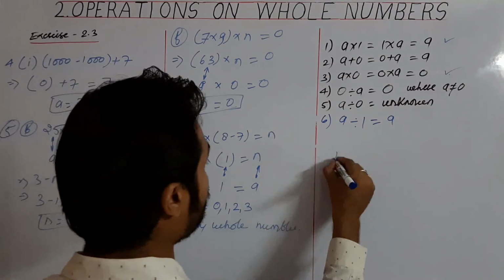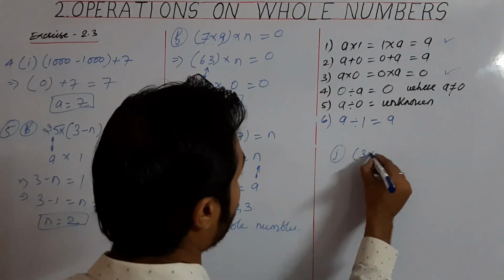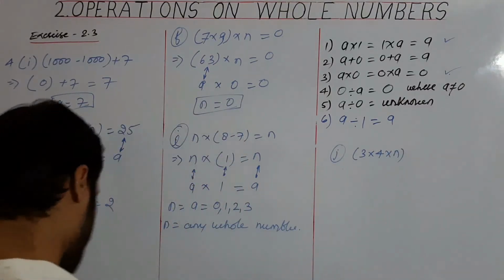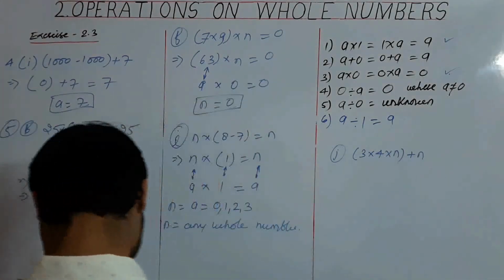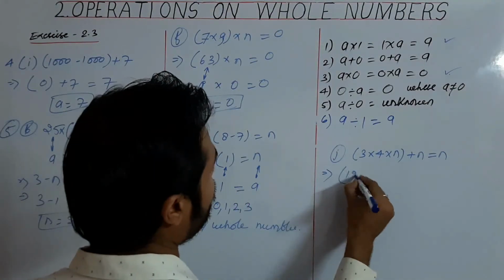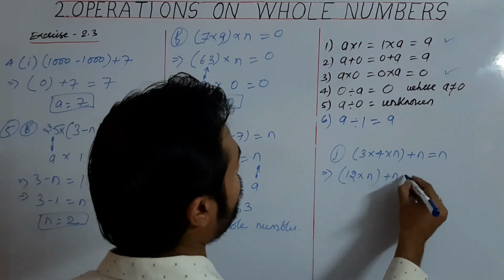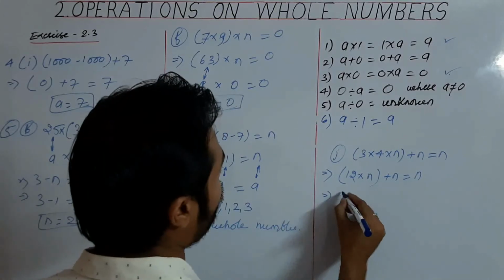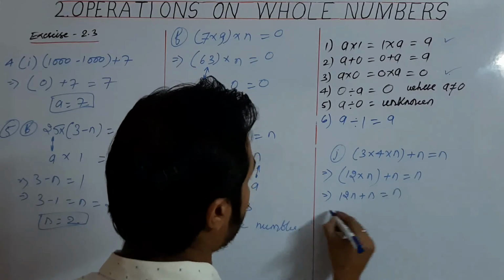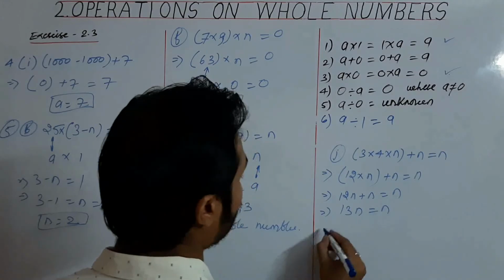Next we will solve J. 3 into 4 into n plus n equals n. Then next step, 3 into 4 is 12. We will get 12 into n plus n equals n. Again we will get 12n plus n equals n, or we can say 13n equals n.